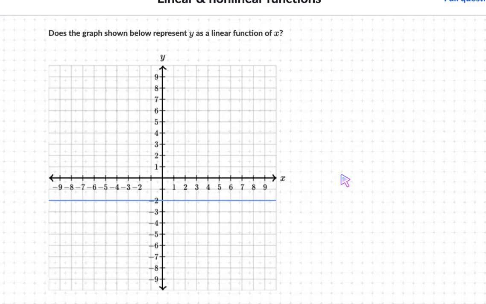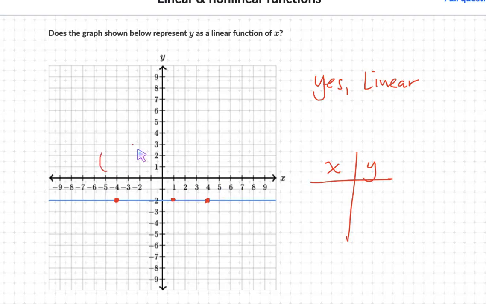All right, so I see a straight line going across. It is completely straight. So I'm going to assume that it is yes, a linear function. The other way I could check, and this is totally not necessary, is I can create an x, y table.